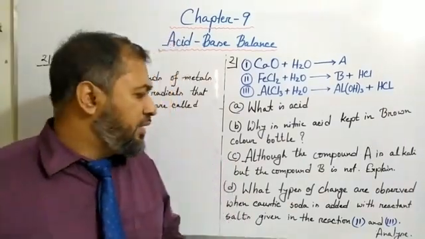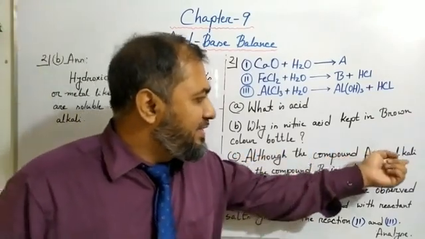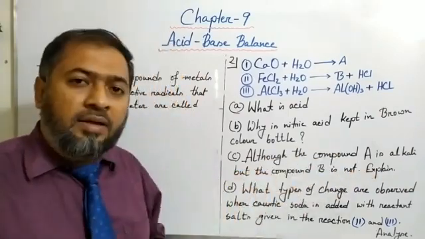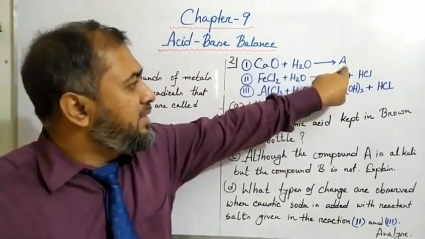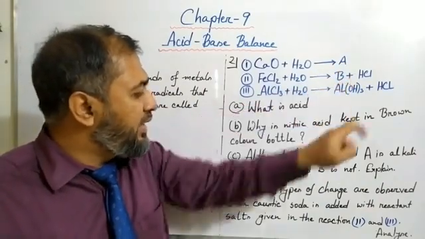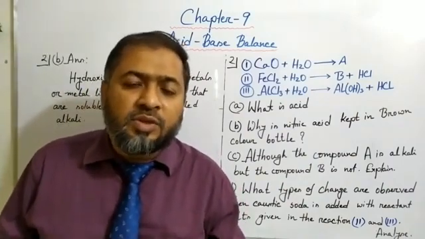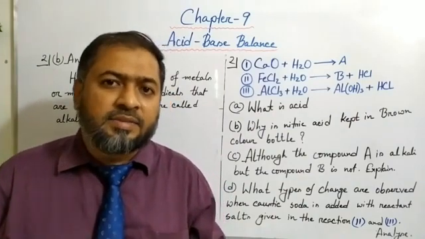Now students, come to question C. Although compound A is alkali, compound B is not alkali. Explain. Before explaining this question, we must know what alkalis are.